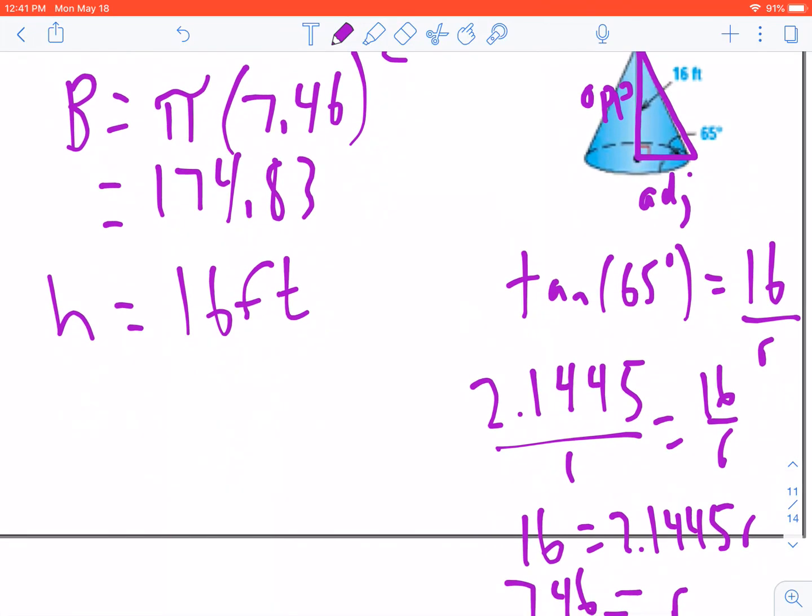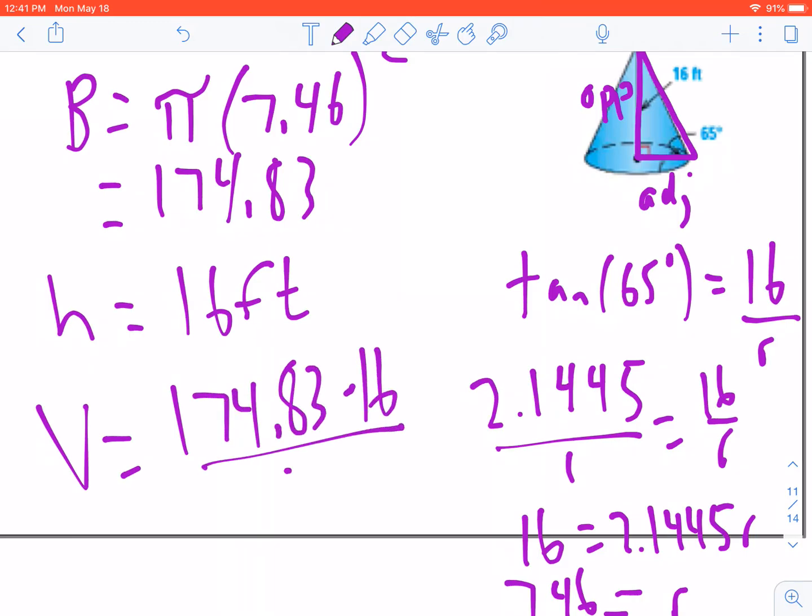So volume then, 174.83 times 16 divided by 3. We get a volume then of 932.43.